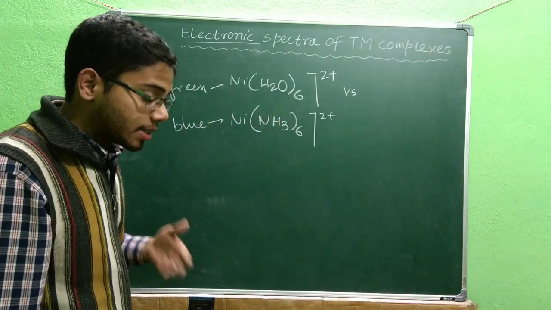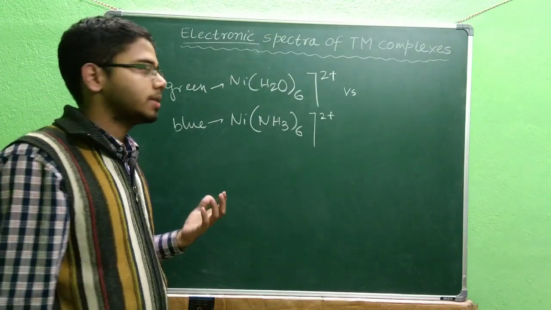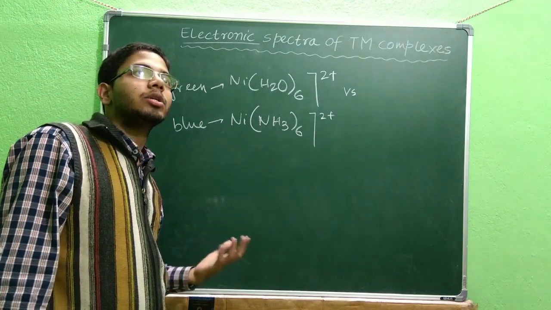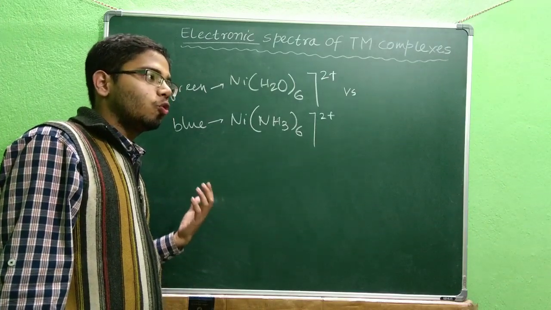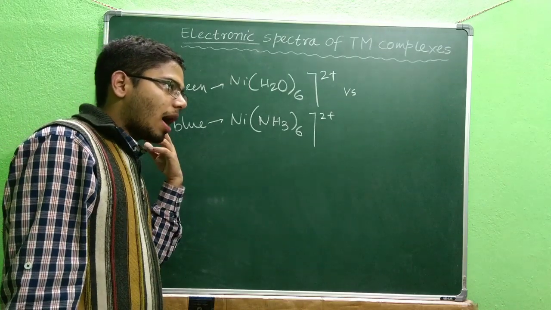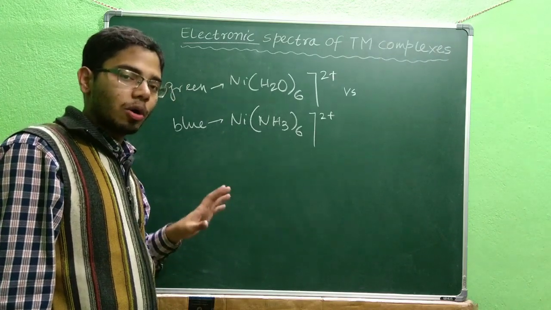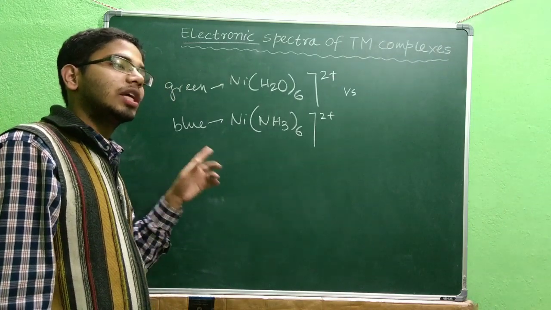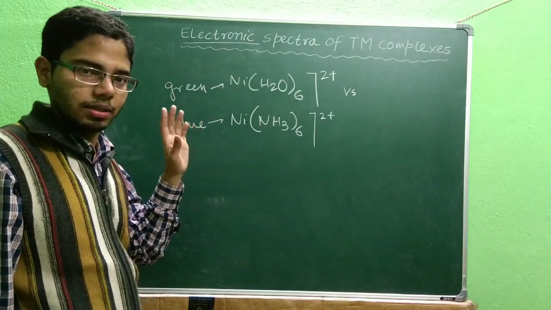Now in case of transition metal complexes, as you know, what is a transition metal? Transition metals are those which possess either unfilled or partially filled d orbitals in any of their stable oxidation states.